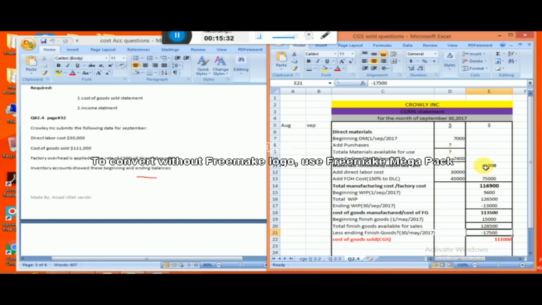So 41,900 plus 7,400. We will add, because this is the reverse method. In reverse we add the ending inventory. So plus 7,400 is equal to 39,300.